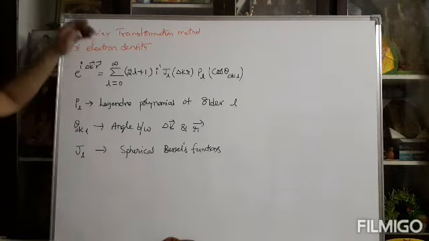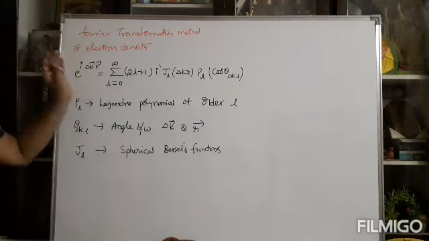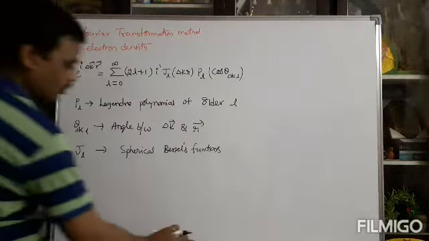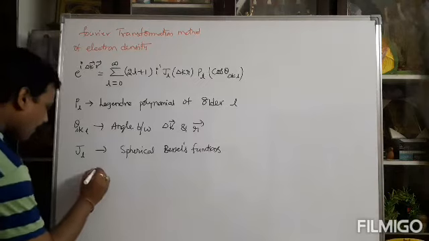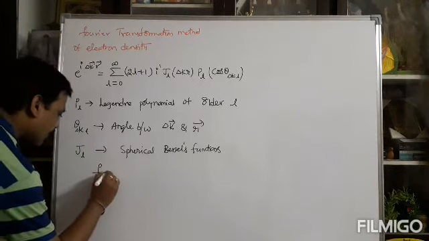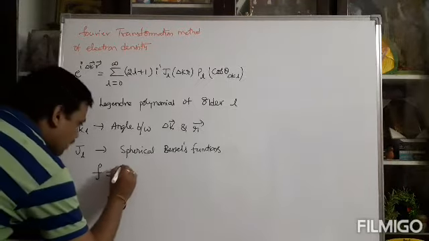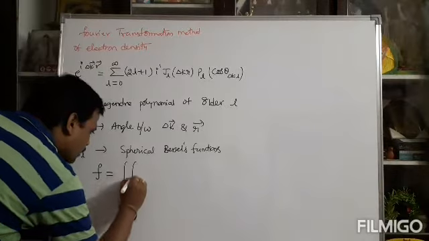Based on this Fourier transformation, you can substitute in that equation and you get the form factor value. F is equal to, here the integration is with respect to volume. Volume is nothing but three integrals.